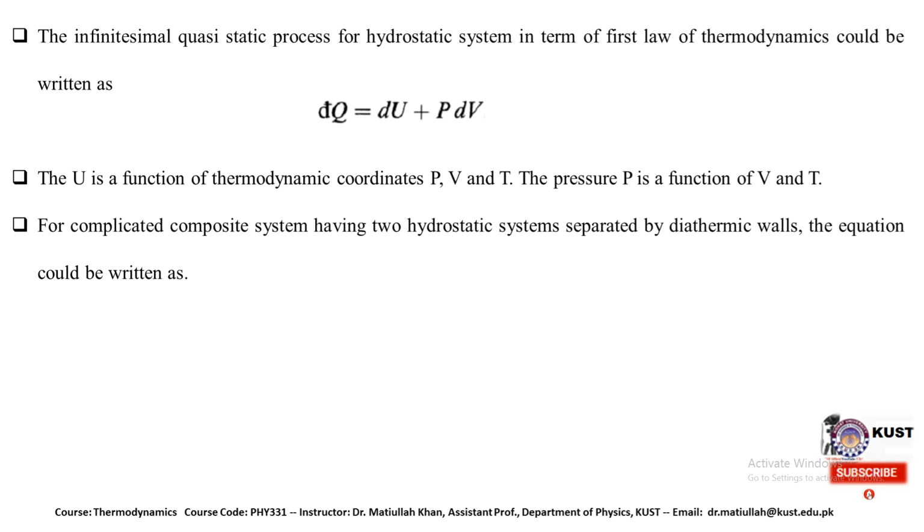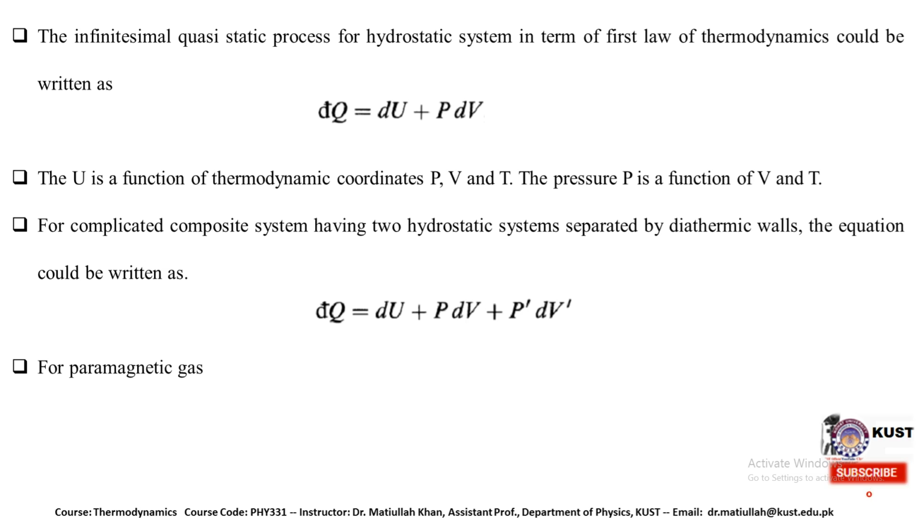So if we consider a composite system that is composed of 2 different systems, just like we have 2 hydrostatic systems that are separated by diathermic walls, then the equation could be written as dq is equal to dU plus PdV plus P dash dV dash.